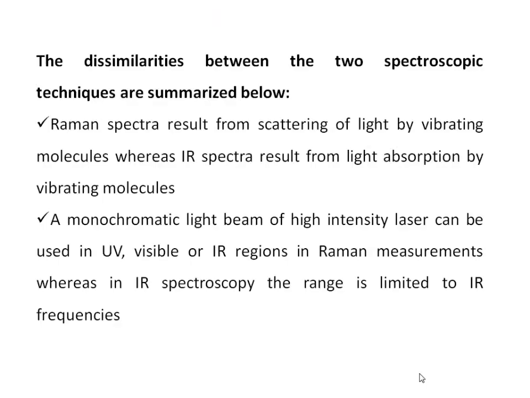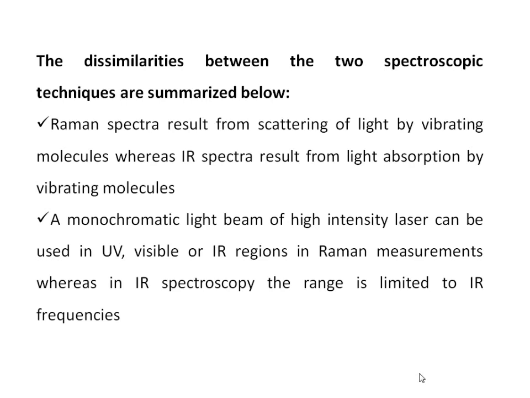Now let us see the dissimilarities between the two spectroscopic techniques. Raman spectra result from scattering of light by vibrating molecules, whereas IR spectra result from light absorption by vibrating molecules.